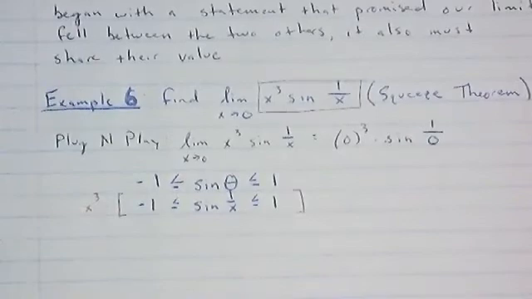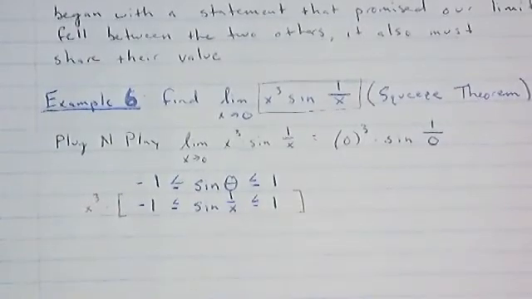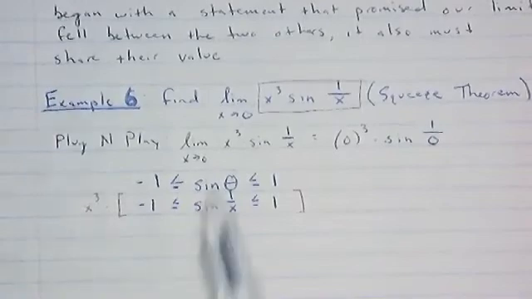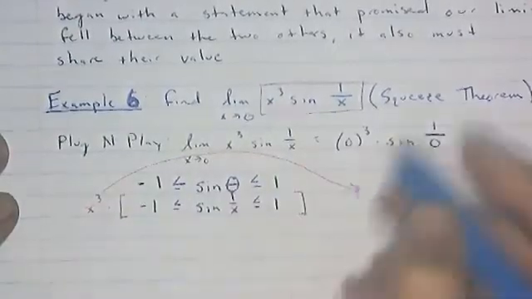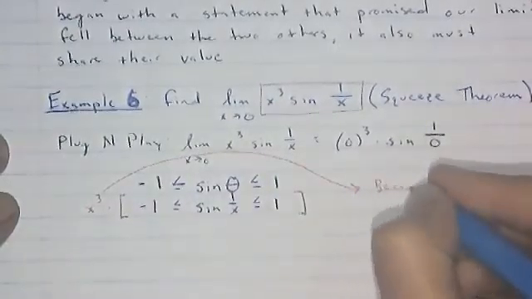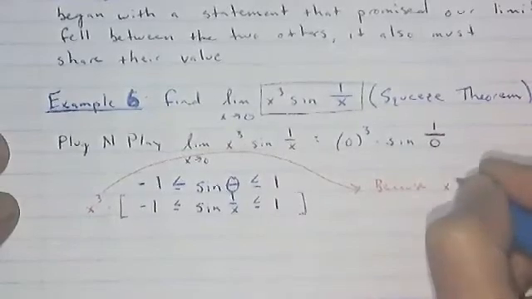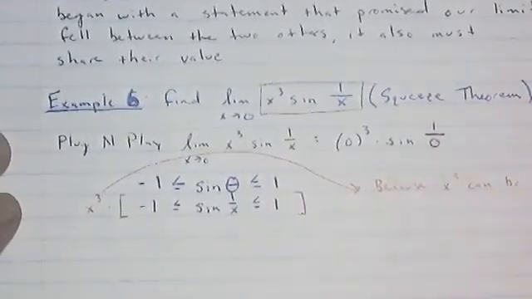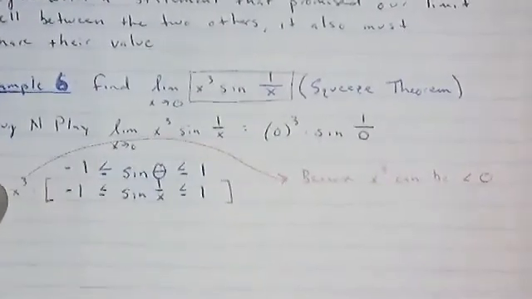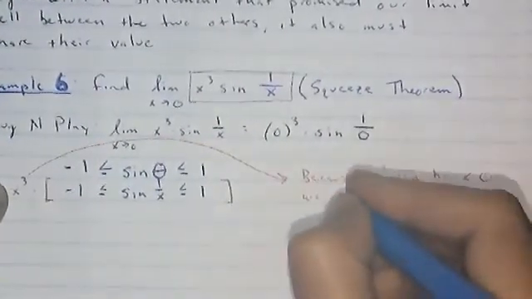X cubed can certainly be negative. If x is negative, x cubed is negative. And so this is not going to be your favorite thing in the world, but we're going to have to break this into 2 cases, because x cubed can be less than 0, we need cases.